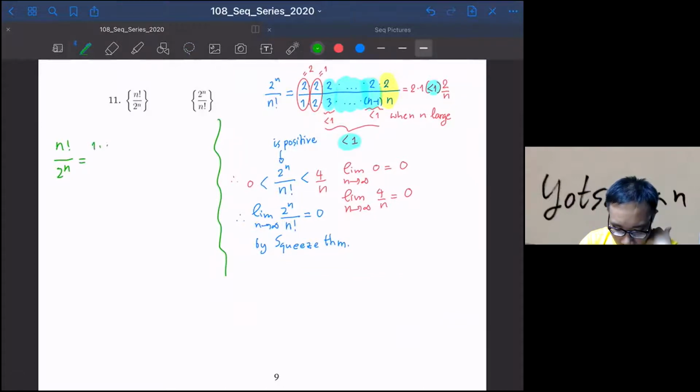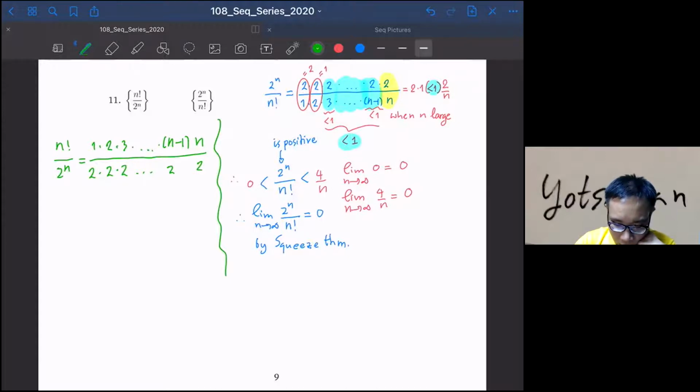So it's going to be 1 times 2 times 3 and so on, up to n minus 1 times n, and everything will be over 2, 2, 2, and so on.